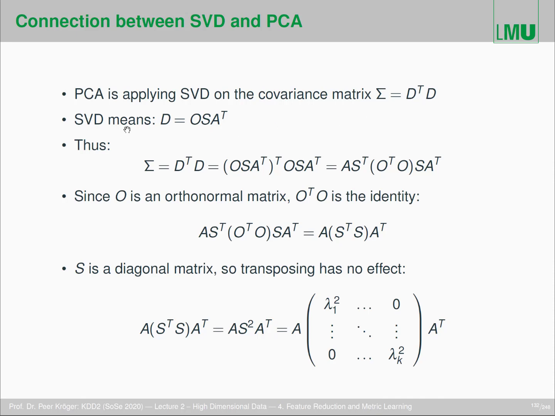Well, SVD means that we decompose the original data matrix into O times S times A transposed. That means if we take this formula and fill it in here, the covariance matrix sigma is, as we said before, D transposed times D. So D is O S A transposed, so D transposed is A times S transposed times O transposed, times D, which is O times S times A transposed.